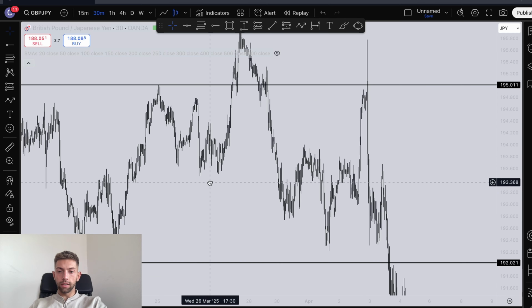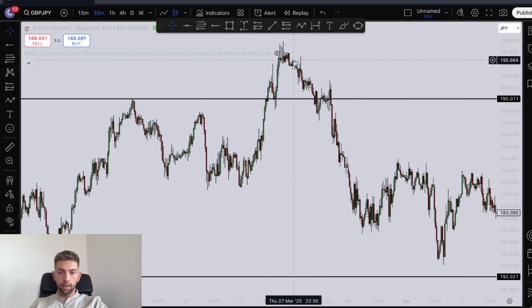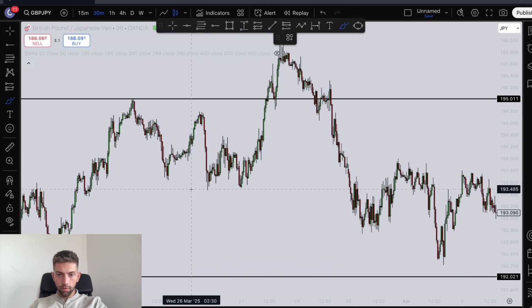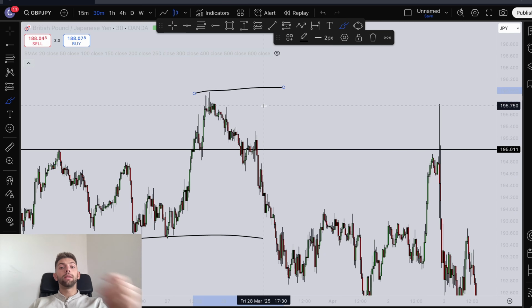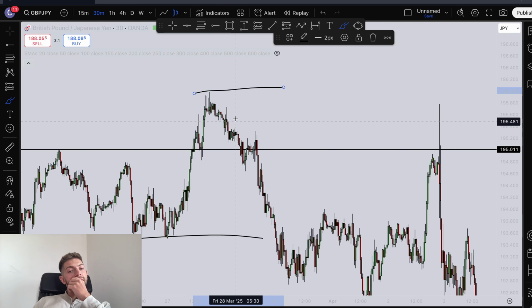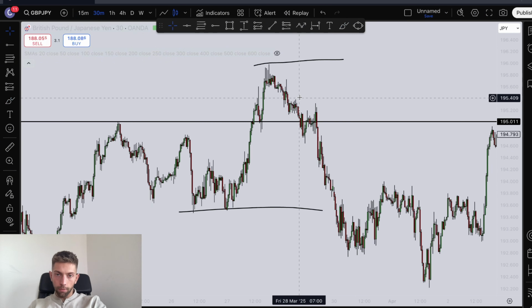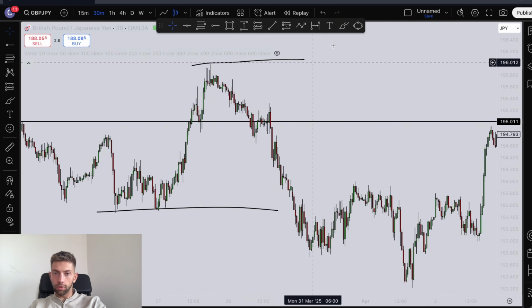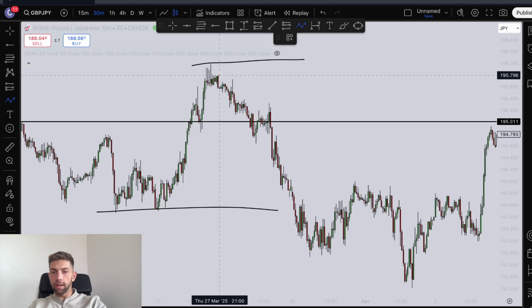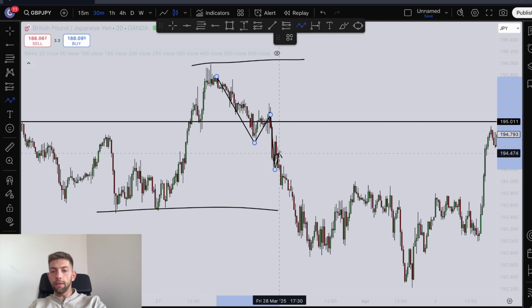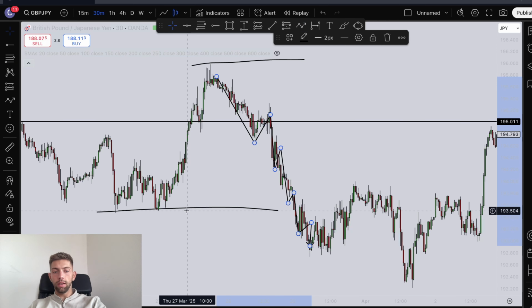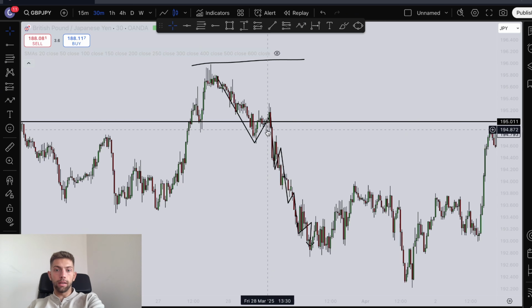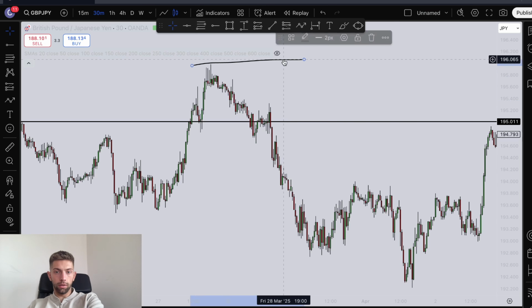Let's continue. Right here you can see this was the low, this was the high, and price never broke structure on the lower time frames. When it started to pull back, it never broke structure on the lower time frames. It went down and broke our major structure, which means I'm shifting my bias from bullish to bearish.